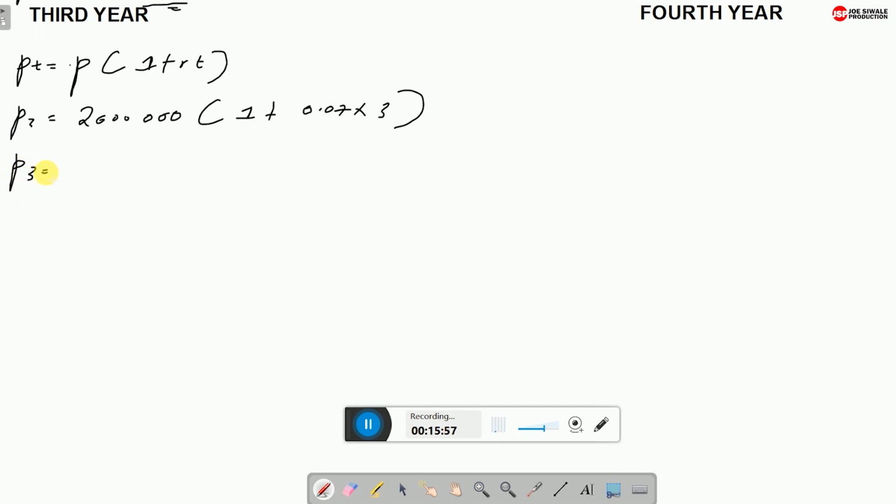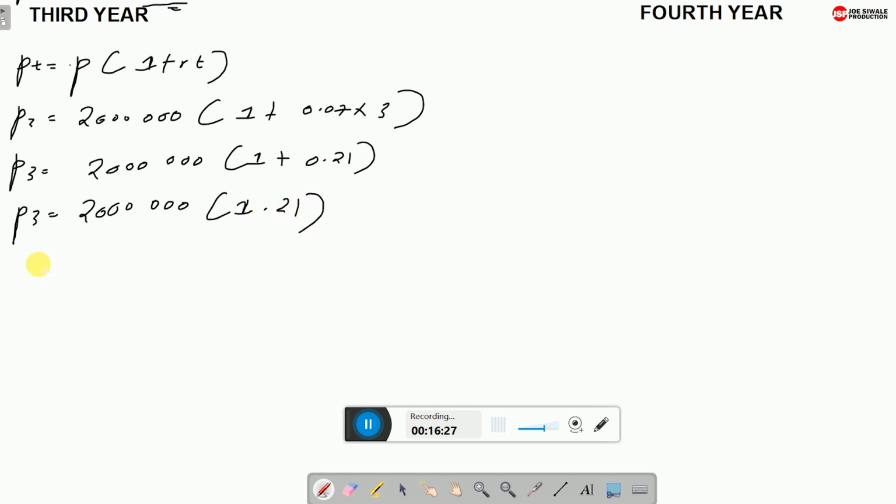So our P3 is equal to 2 million, 1 plus 0.07 multiplied by 3, which is 0.21. Then we're going to have 1.21. So our P3 is equal to 2 million multiplied by 1.21. We're going to have 2,420,000.